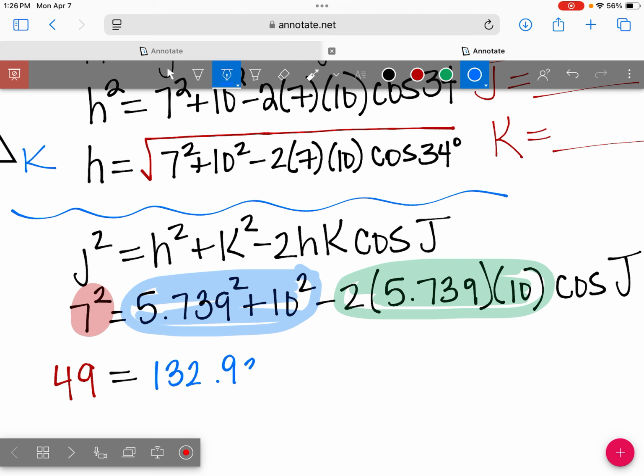Make sure you got what I got. Did you get 132.936? I just didn't know which number to round to. Everything is to the thousandths place. Yeah. And then minus, now let's figure out what this number is: 2 times 5.739 times 10.